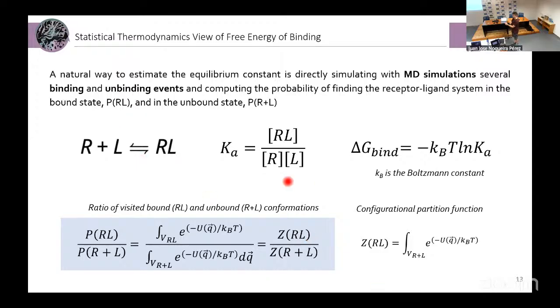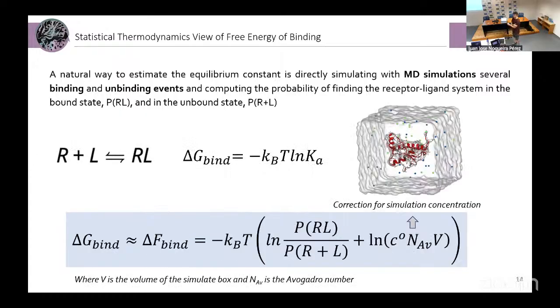So from these MD simulations, we can count the number of times that we are bound and the number of times that we are unbound. And from this, we can get the ratio of probabilities, and from this ratio of probabilities, we can get the free energy of binding. Okay, so that's the idea.